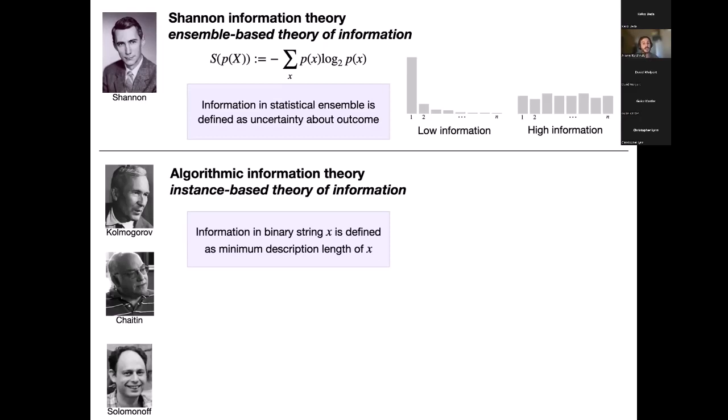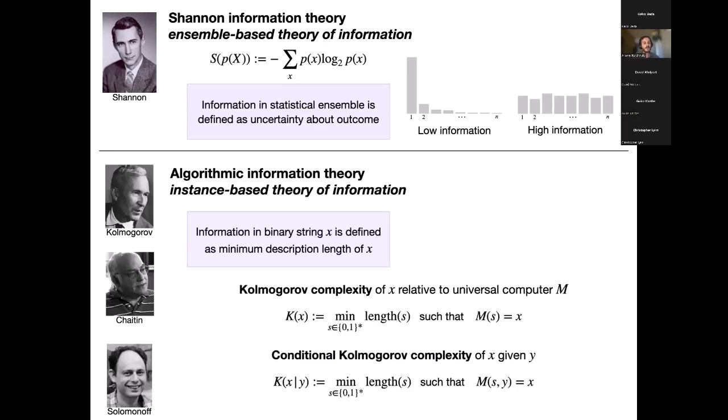Well, the language is going to be defined by a universal Turing machine, also known as a universal computer. And we're going to define the core quantity in algorithmic information theory, called Kolmogorov complexity. The Kolmogorov complexity of a binary string relative to some universal computer M is the length of the shortest program for M that, when plugged into M, gives us that string.